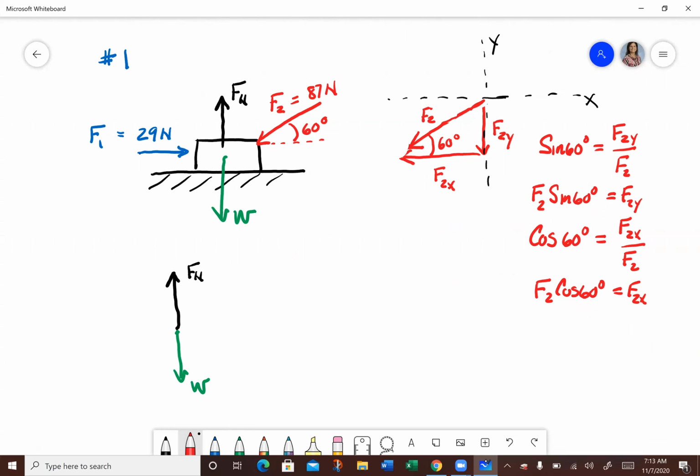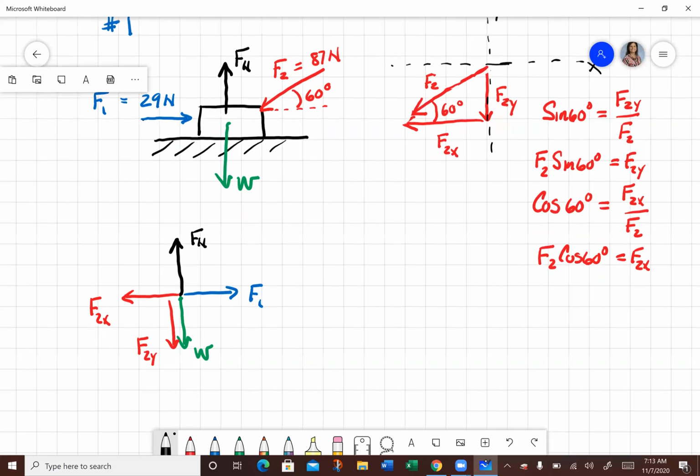Now I have F2y also acting down, and I have F2x going to the left, and F1 going to the right. So again, same process. You draw a picture, you clean up what's not in your X and Y, do SOHCAHTOA to find the components, redraw your picture with everything in what you want to be the X and Y directions. Then you write your formulas.